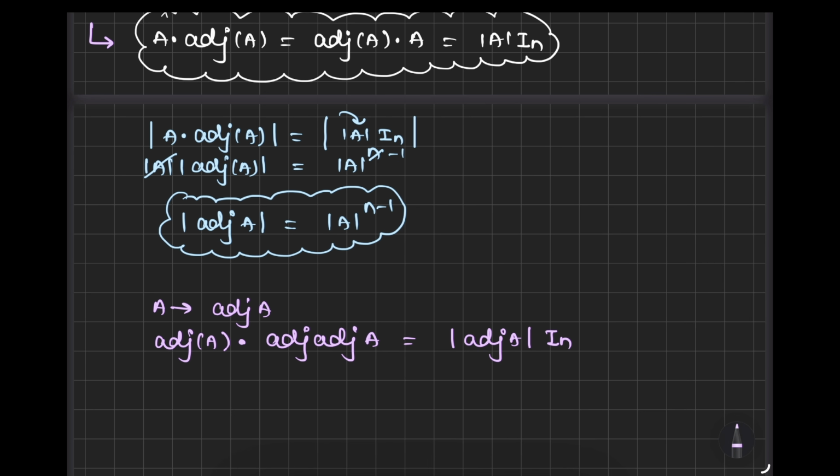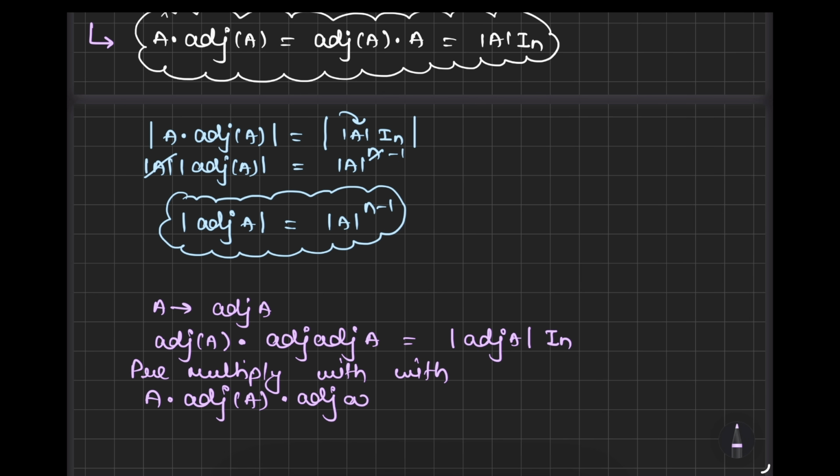So what I will do, I will pre-multiply with A. So it will look like what? A times adjoint A dot adjoint A is equal to, it's a number so it doesn't affect, so it will become what?